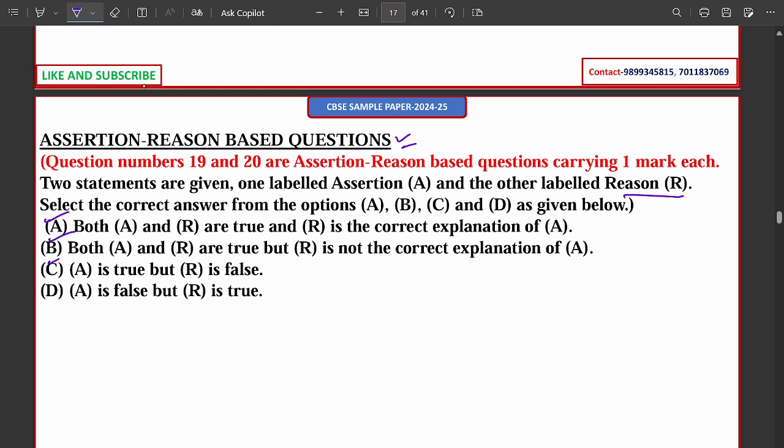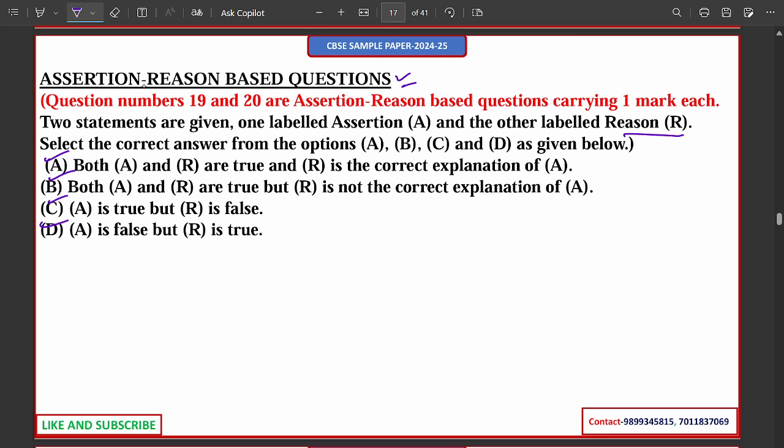We all know these types: both A and R are true and R is the correct explanation of A; R, meaning reason, is the correct explanation for assertion; both A and R are true but R is not the correct explanation of A; A is true but R is false; and A is false but R is true.